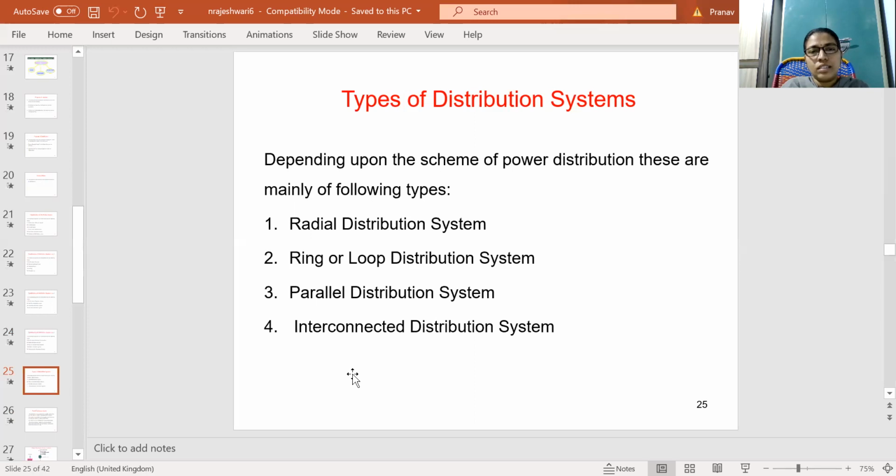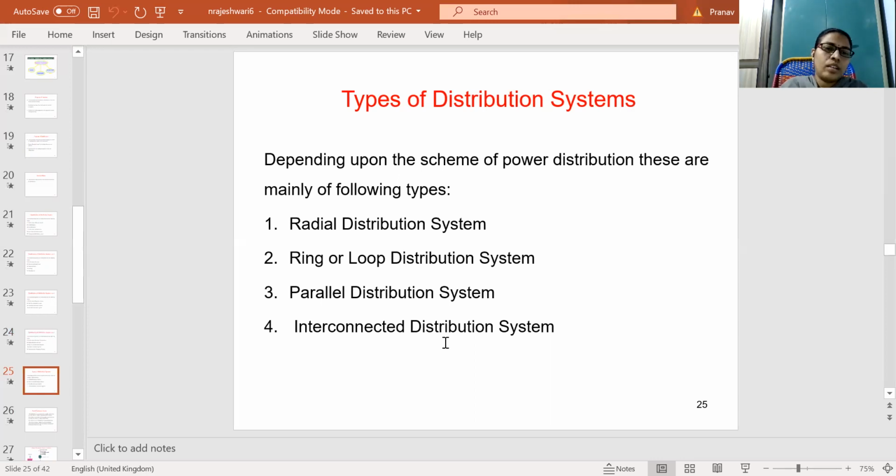By using these distribution systems, power is carried from the substation to the consumers, that is, by radial or ring main systems, or parallel distribution systems, or interconnected distribution systems.